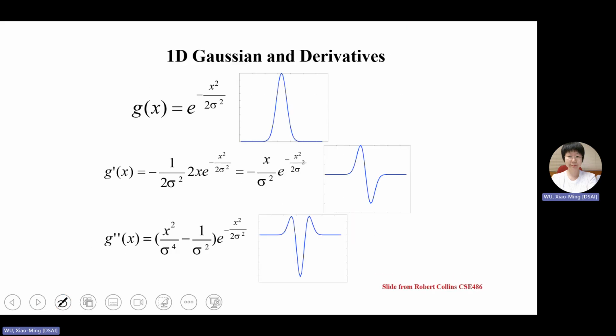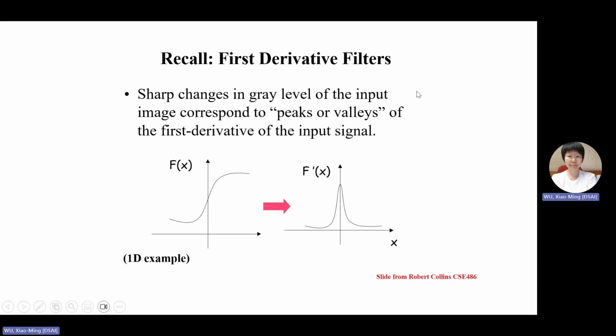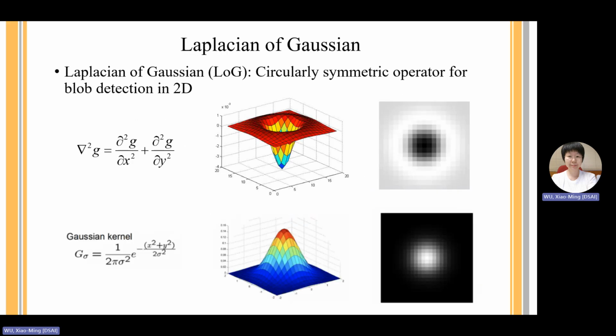These few slides are for your reference: first derivative, second derivatives, and one-dimensional Gaussian and derivatives. I just show them here if you need relevant background. Okay, I'll leave it.